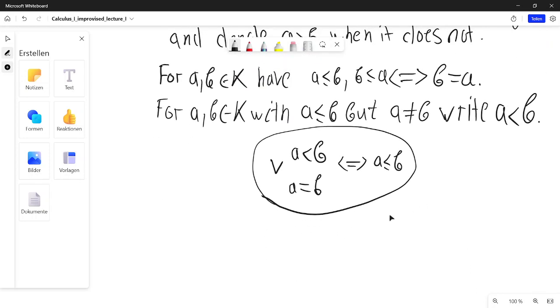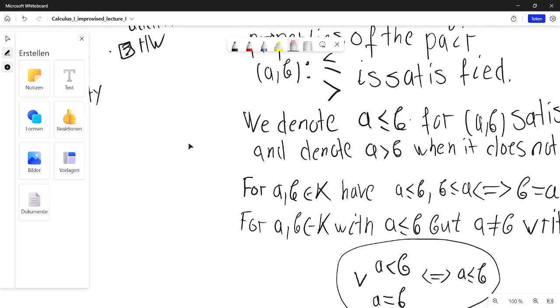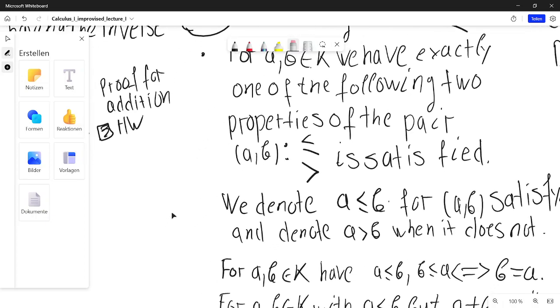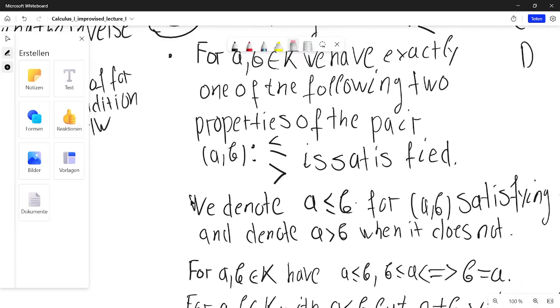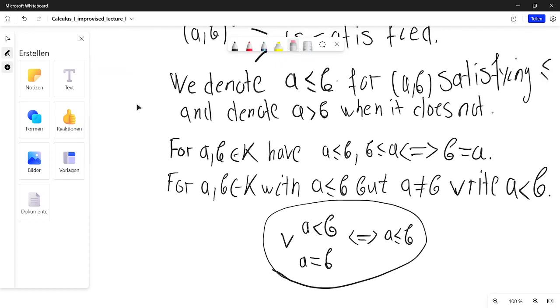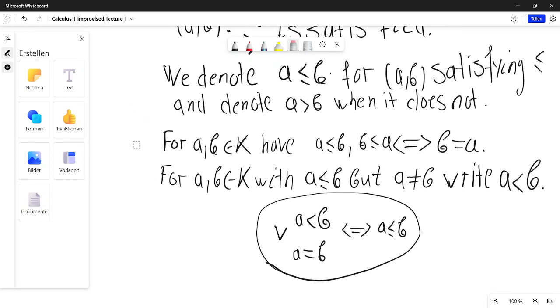Another thing that we assume, I mean, another property. Let's denote properties, and now one of the four properties. So to distinguish properties from notation, that is also a property, that is a notation.